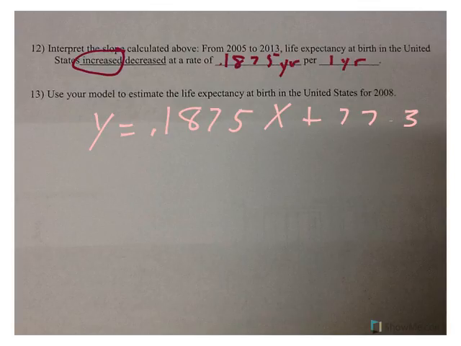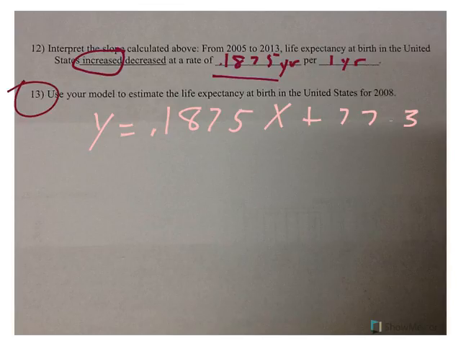We're talking about life expectancy, so every year that passed after 2005, you could expect to live 0.1875 more years, which is roughly a fifth of a year. It's an extra month and a half, maybe 2 months. So that's not bad.